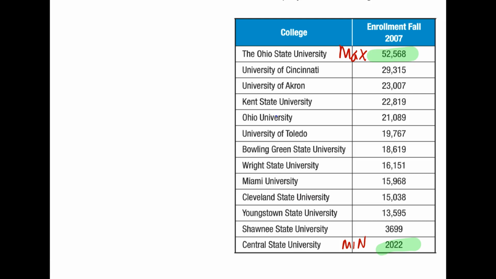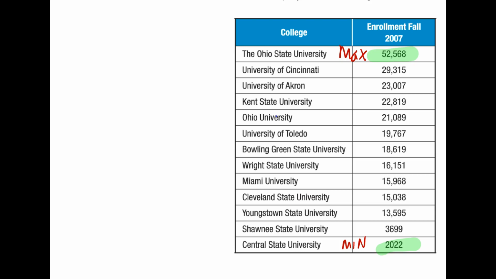Cool. Because we're going to do the stat plot tomorrow, the worksheet I'm going to hand out. So which one's in the exact middle? Let's see. Bowling Green. Wait, hold on. 1, 2, 3, 4, 5, 5.